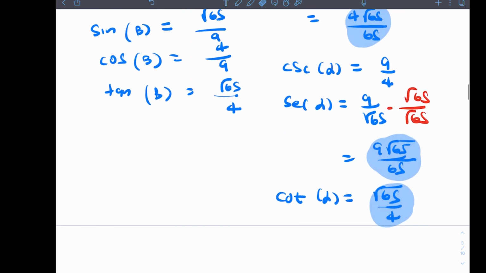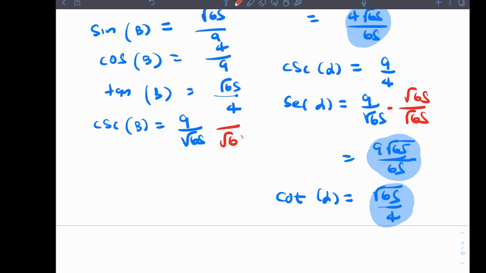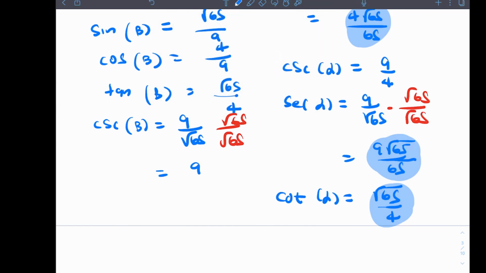What about this here for beta? Cosecant beta is what? 9 over the square root of 65. Rationalize again. And you end up with what? 9 square root of 65 over 65. Secant beta. The reciprocal of cosine.